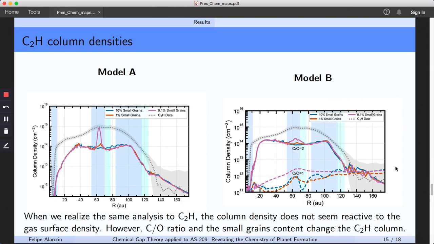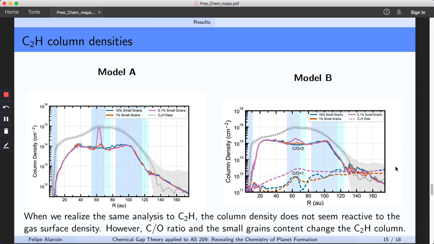Then we use C2H, which is usually a chemical tracer, but it's very, very bright in protoplanetary disks. In this case, we observed that in both models, it didn't really change the column density due to a gas gap, meaning that C2H is insensitive to gas depletion in the disk.